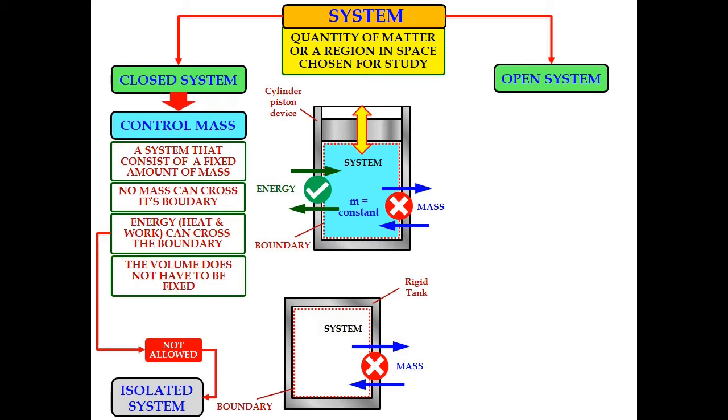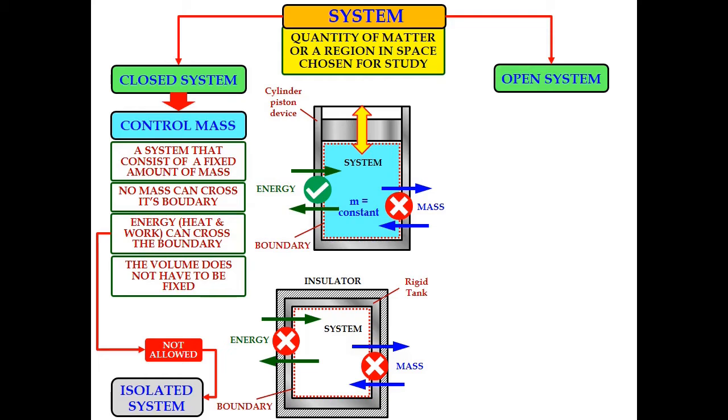However, if we also do not allow any energy transfer, for example, if we surround the rigid tank with an insulator, so no energy in terms of heat and work is transferred to or from the system, this kind of system we consider as an isolated system. So this system is also under the closed system.